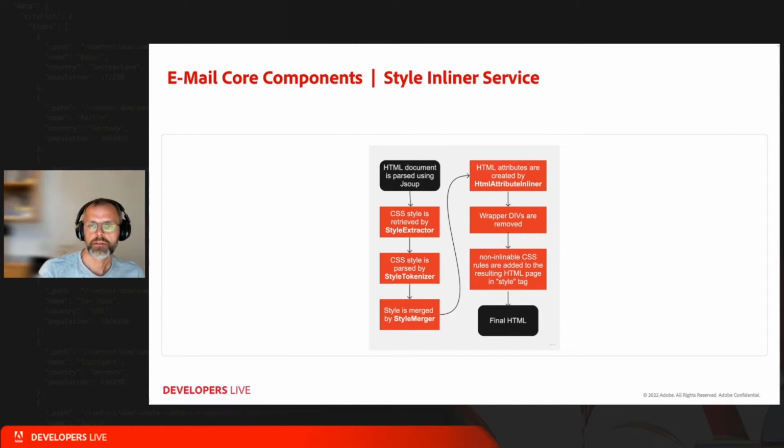And in the next process, the HTML attributes are added by the HTML attribute inliner. So this is the service I mentioned earlier where you can extract CSS rules and apply them to the HTML elements directly as attributes. After that, the wrapper div remover will remove all the unnecessary div elements.